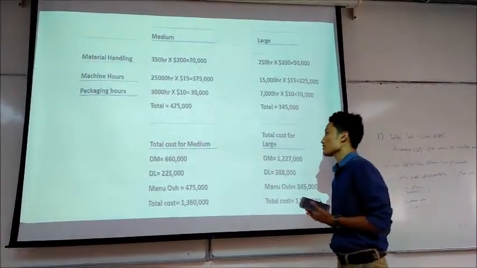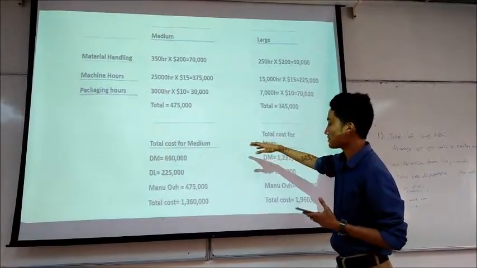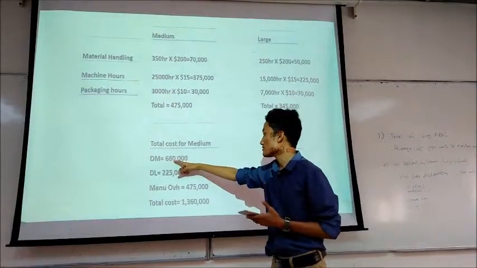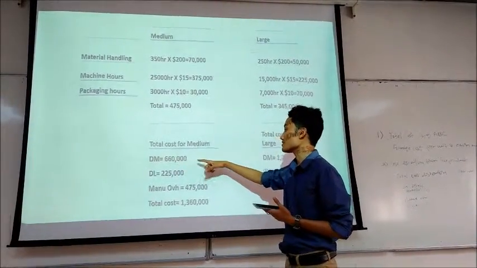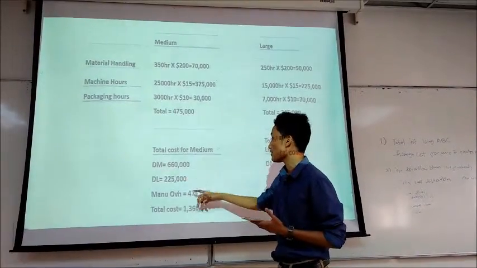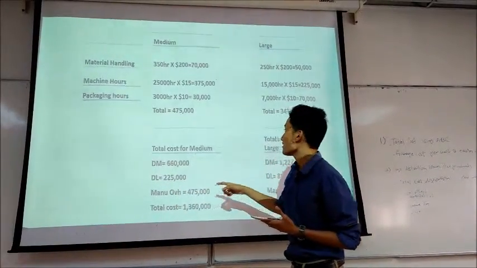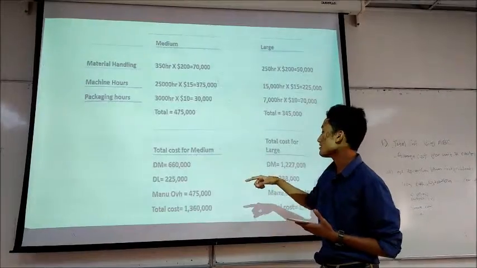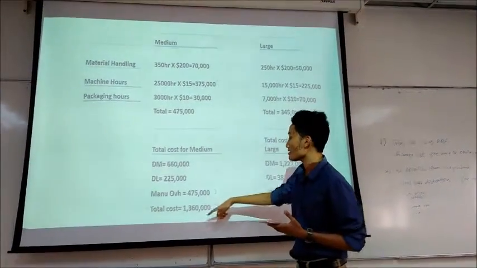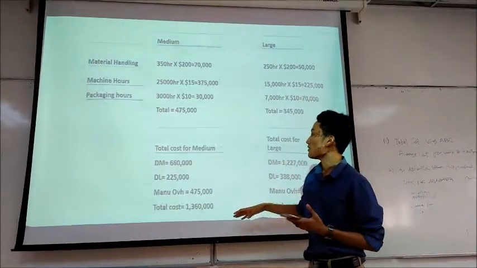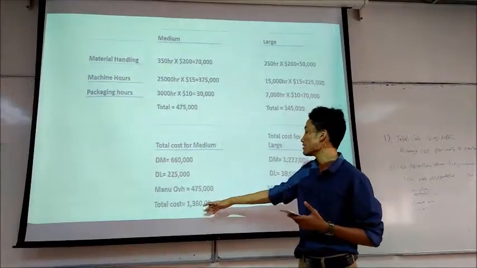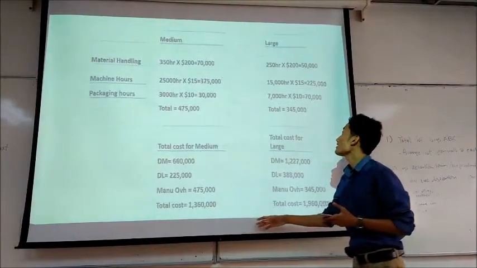So for the total cost for medium TVs, you add up direct materials 660,000 with direct labor 225,000 with the manufacturing overhead 475,000 that you have calculated earlier. And then you get the total cost for the medium TV, that is 1,360,000.